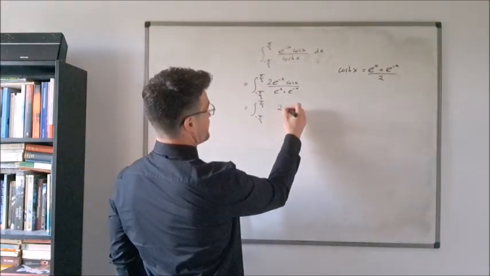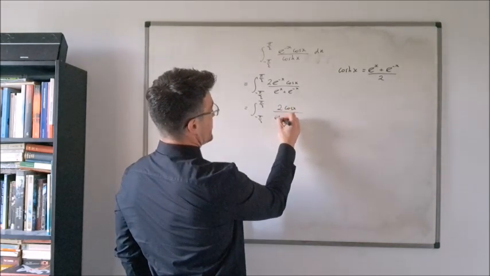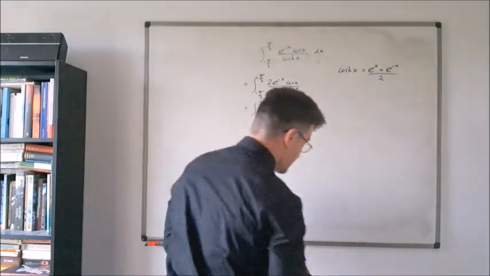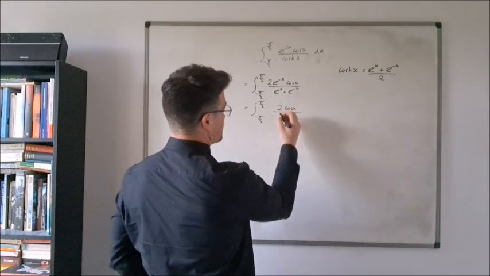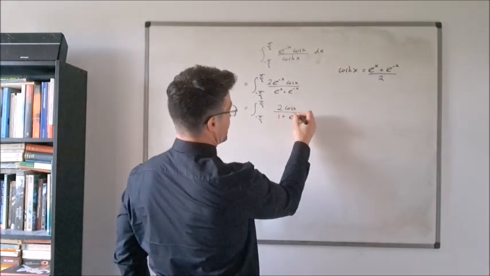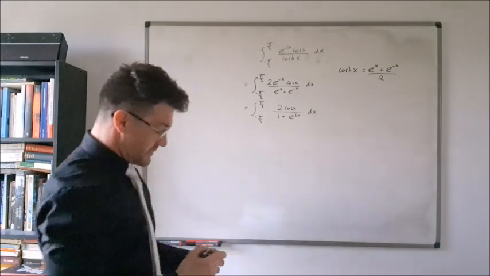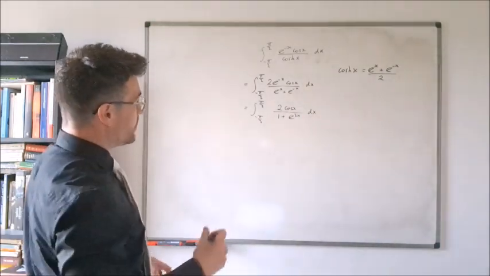Okay, so what does that give me? 2 cos x over e to the 2x plus 1. Or maybe I should write it the other way around, actually. e to the 2x plus 1 is the same as 1 plus e to the 2x. It really doesn't make any difference. Ooh, forgot my dx, didn't I? That's naughty.